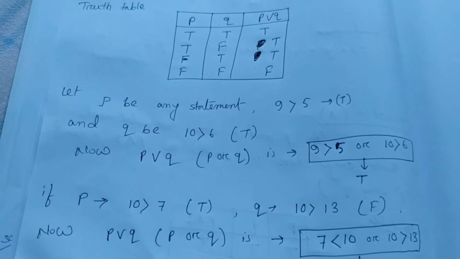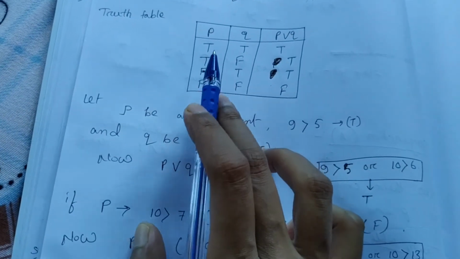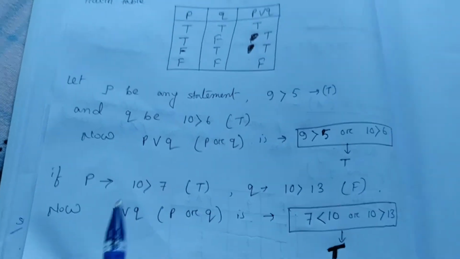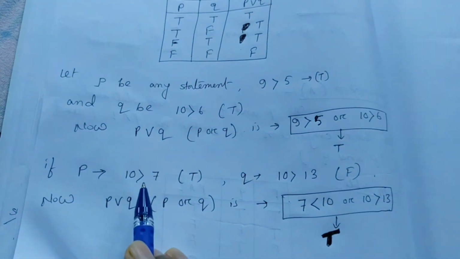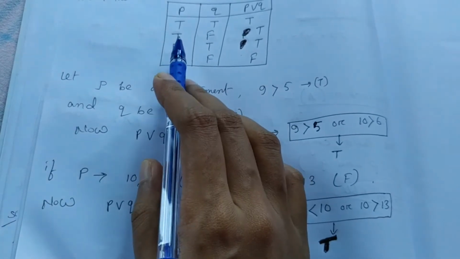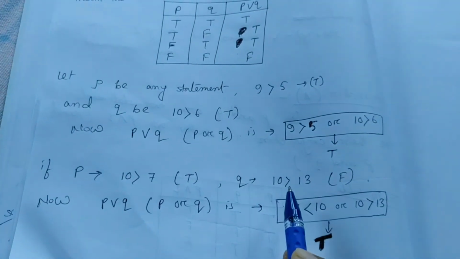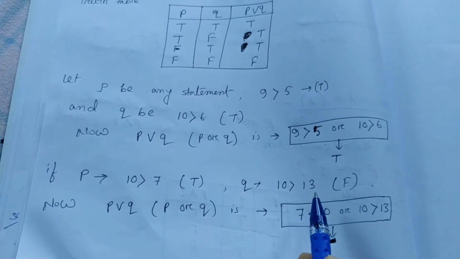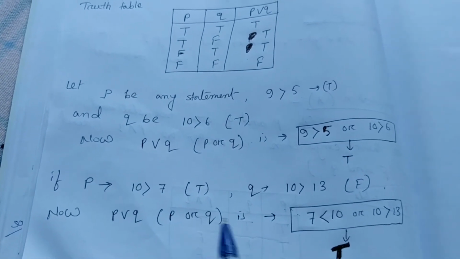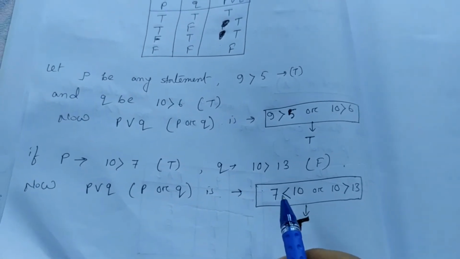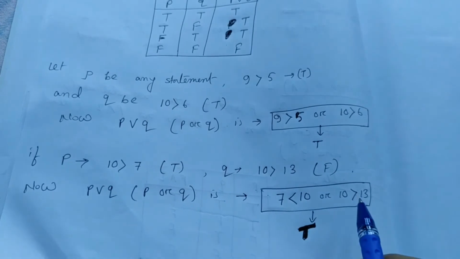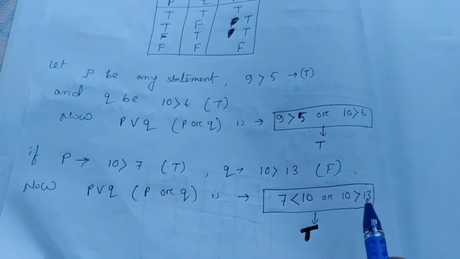Now you see, if I take P as true and Q as false, I will get true. How? See, suppose P is the statement 7 less than 10, which is a true statement, and Q is 10 greater than 13, which is a false statement. So if I combine these two statements using the word or, it will be 7 less than 10 or 10 greater than 13.